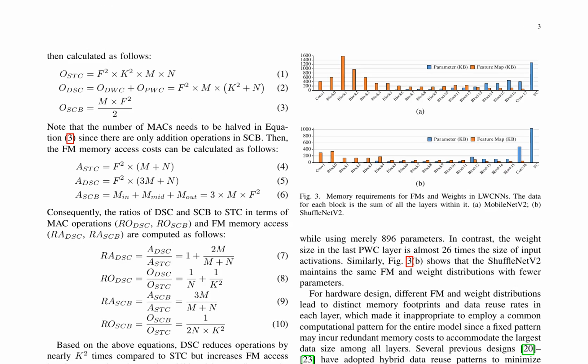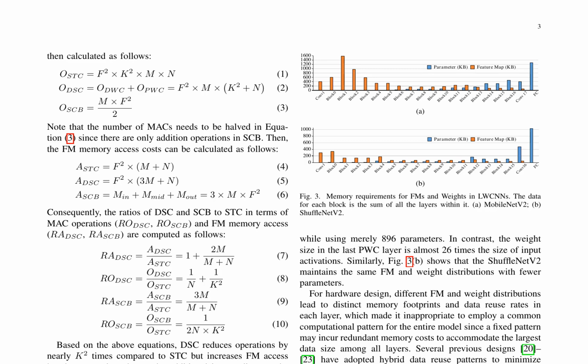Here is a combined summary of pages 3 and 4 of the research paper. The authors analyze the memory access patterns and computational loads of lightweight convolutional neural networks, LWCNNs, and identify the need for an optimized architecture that minimizes memory access costs while ensuring high computational efficiency.